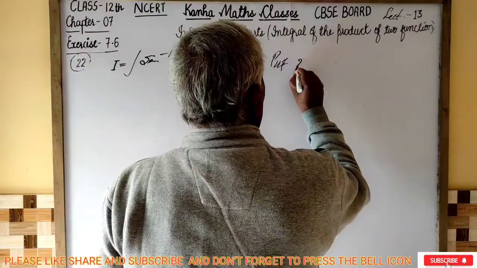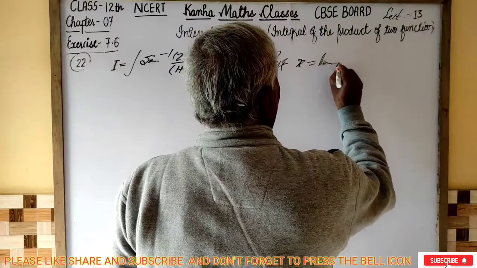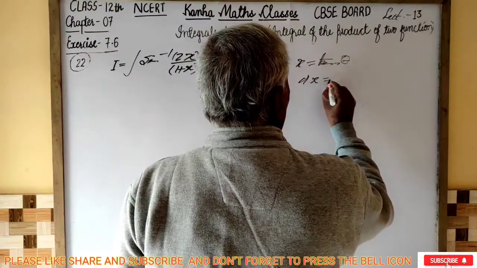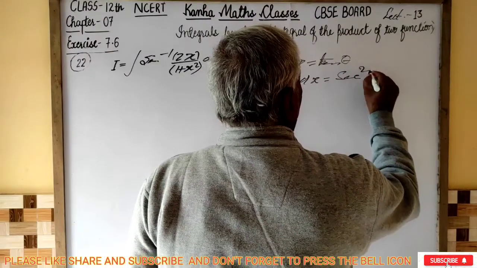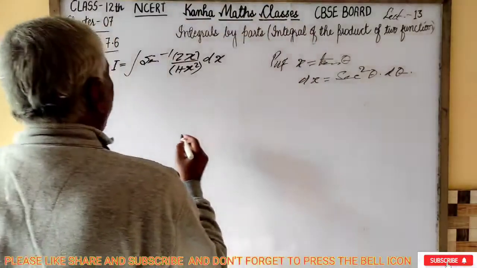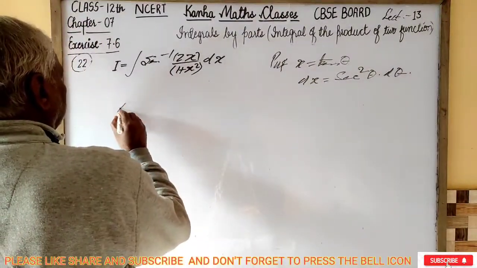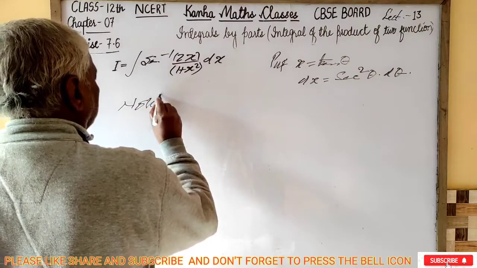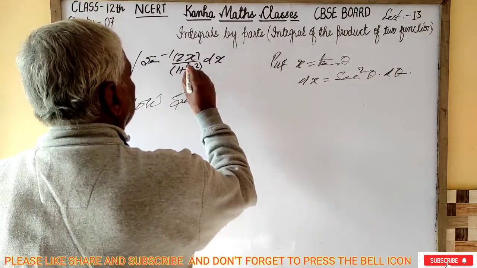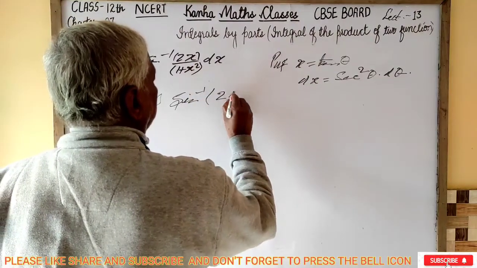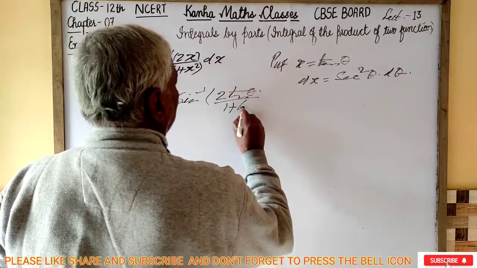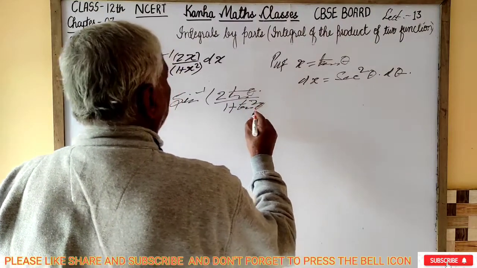Put x is equal to tan theta, dx is equal to sec square theta d theta. Now sin inverse of 2x means 2 tan theta upon 1 plus tan square theta.